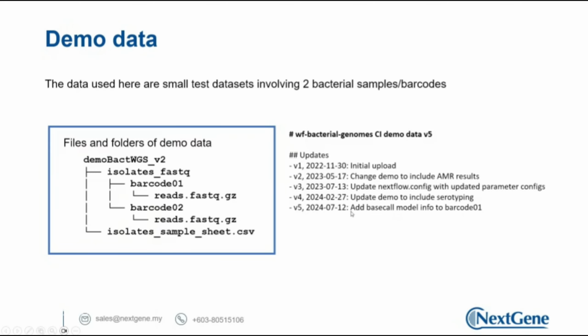One thing to note is that the basecall model for barcode 01, or sample 1, is added information, so it's not the native sequencing information. Because the sequencing data is quite old, they fixed it so that it can be analyzed directly using the Epi2Me software. For Nanopore sequencing data obtained recently, these past few years, normally we won't have any problems loading it into the pipelines to do the analysis accordingly.